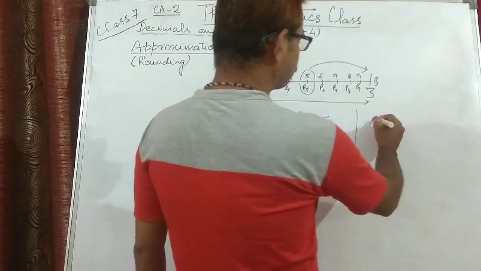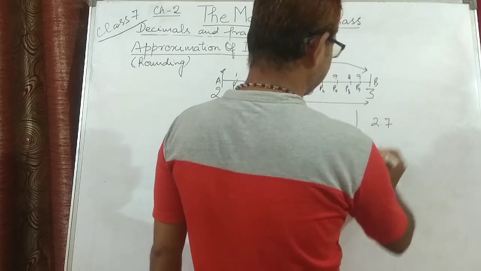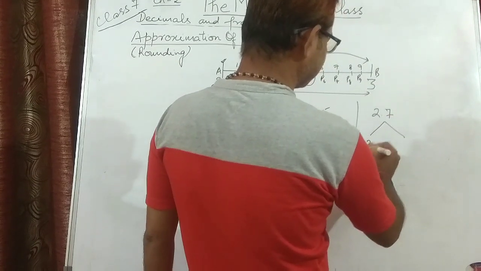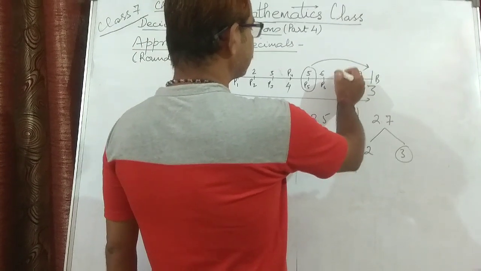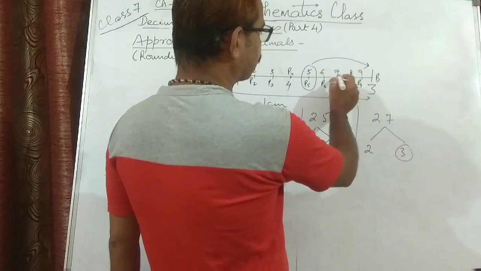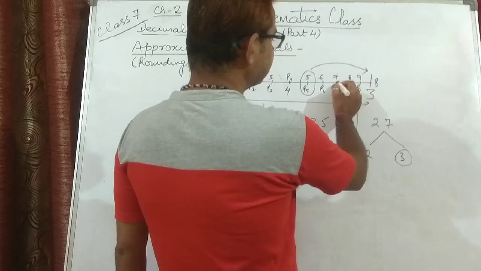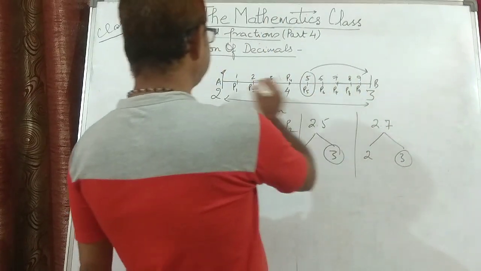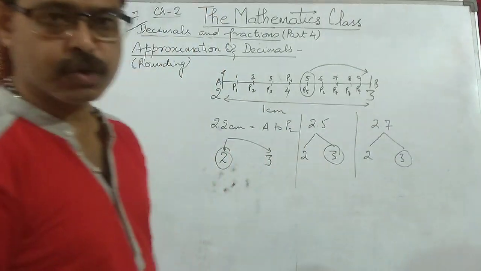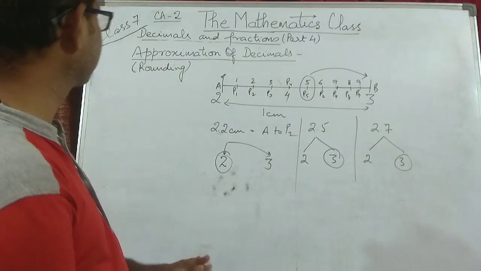Suppose I take 2.7. This is also considered near to 3. From P7, or 2.7, it's easy to reach point B rather than reaching back to A. So what concept has been developed?